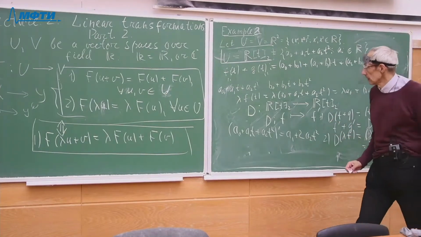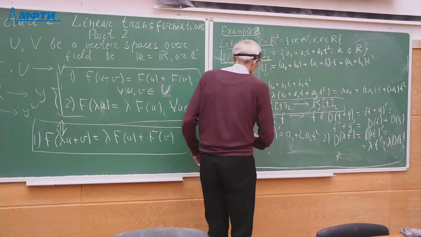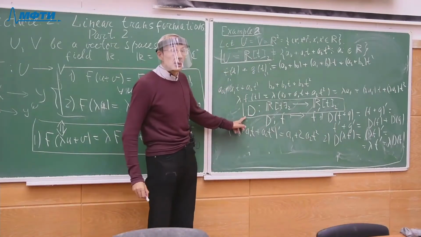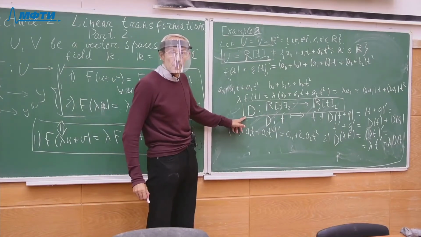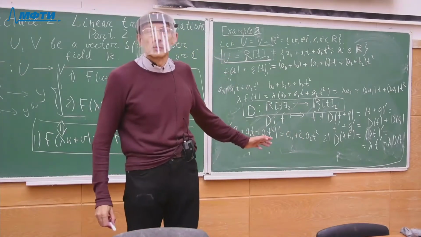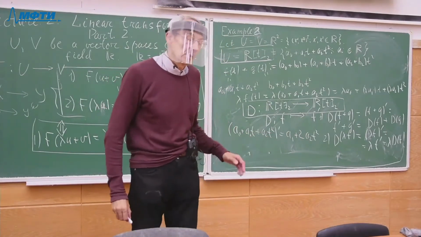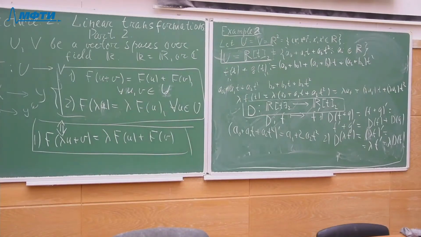And we obtain that this mapping, which is defined by the derivative, is a linear transformation. Any question? You understand that example?